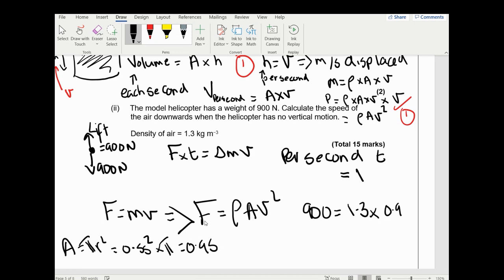So 0.95 times by v squared. V equals, so 900 divided by that, divided by 1.3. And then square root your answer, and I got 26.99 or 27 meters per second.